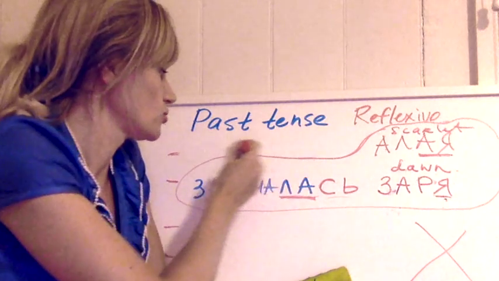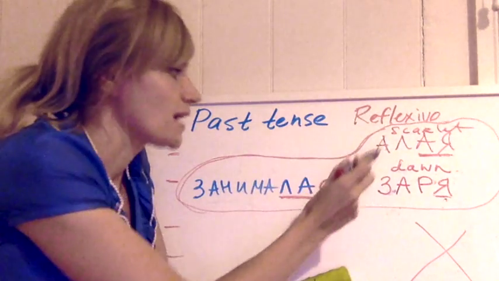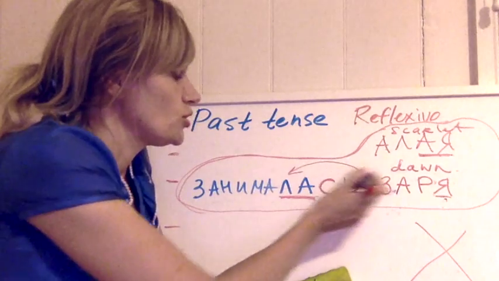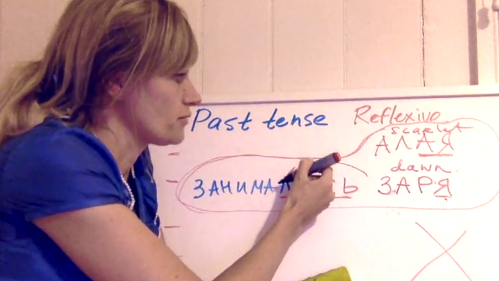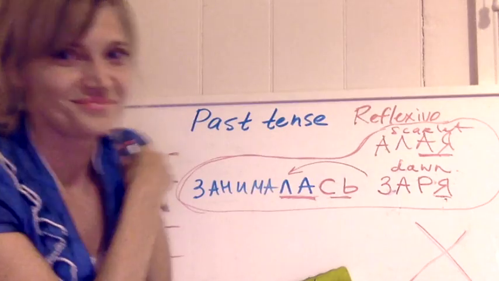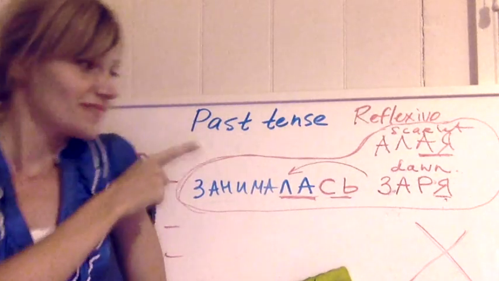Circle closed. Scarlet Dawn got busy with this. Scarlet Dawn was engaged with this because the reflexive ending always collapses to itself. There is nobody else here. Алая заря was engaged in all this process. She was busy.